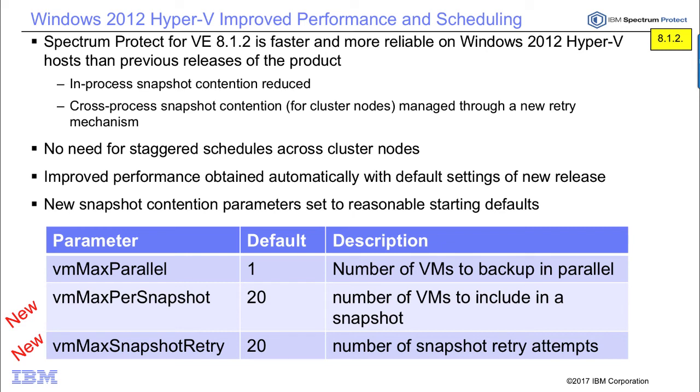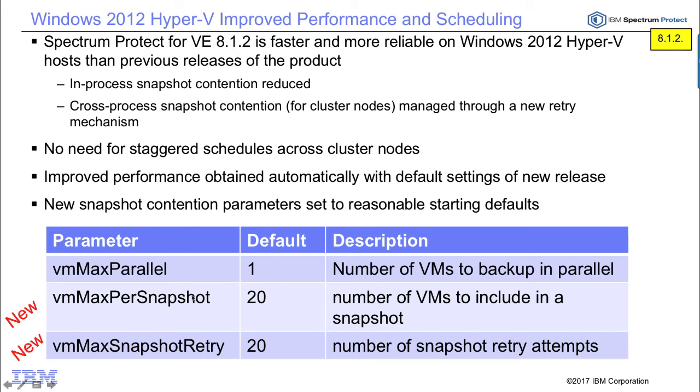So when you're using data protection for Hyper-V on a Windows 2012 system with 8.1.2, there should be no need for staggered schedules across cluster nodes, and you should see improved performance automatically with the default settings of the new release.